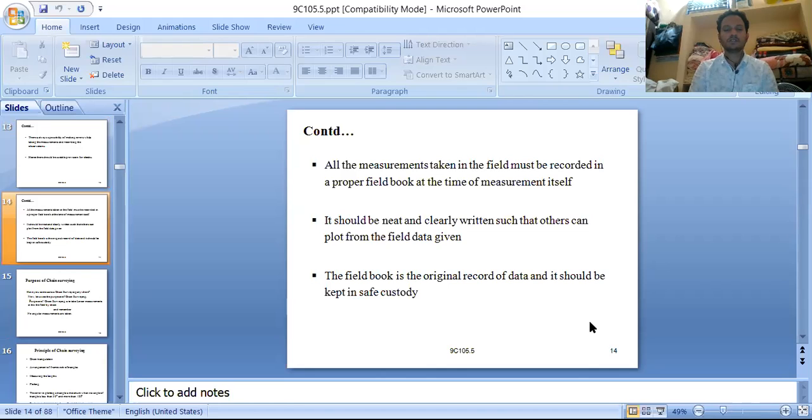So in such case, the data has to be taken again, or you have to go for the survey again. To avoid this, we must write the data clearly such that it should be useful for everyone and it should be understandable for everyone.